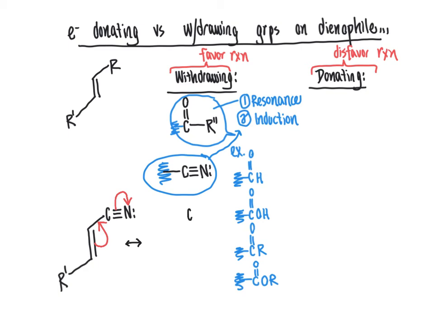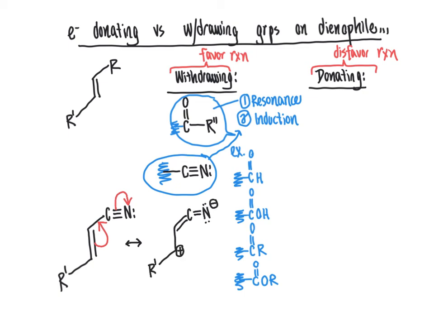We make a second resonance structure here where the negative charge is now on the nitrogen. And like so, we have our positive charge right here on this carbon.